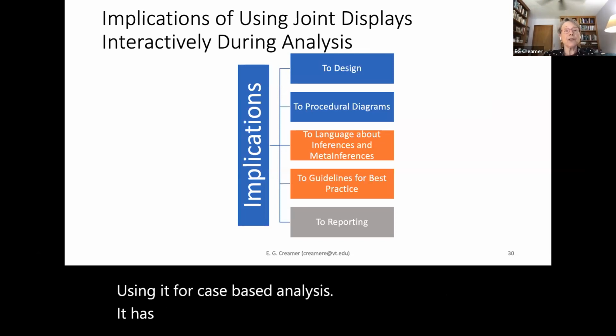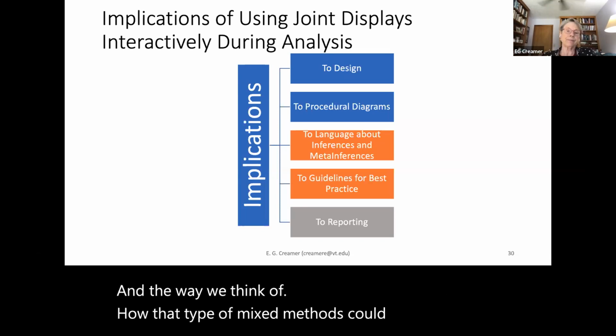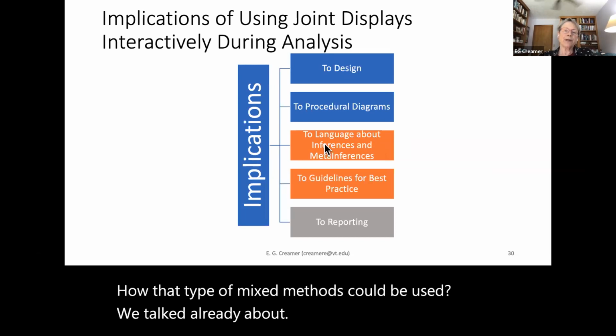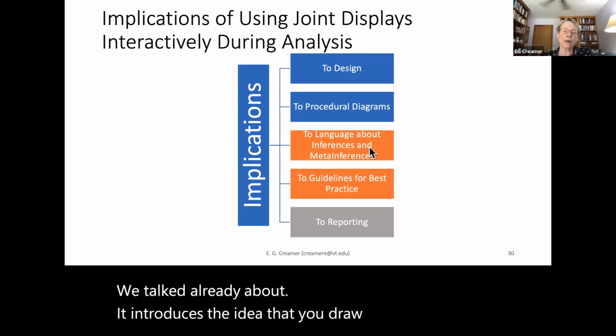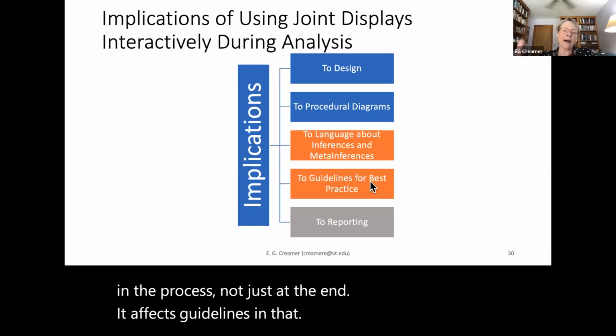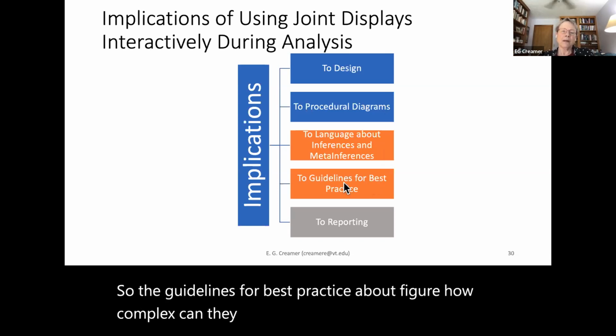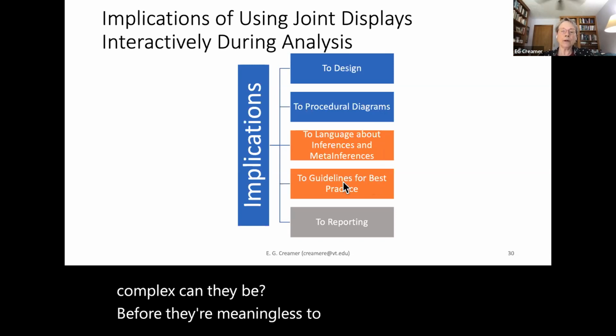It has a lot of implications for the way we think of how that type of mixed methods could be used. We've talked already about how it introduces the idea that you draw inferences earlier in the process, not just at the end. It affects guidelines in that, well, how far do you go with the guidelines for best practice about figures, how complex can they be before they're meaningless to anyone but you?